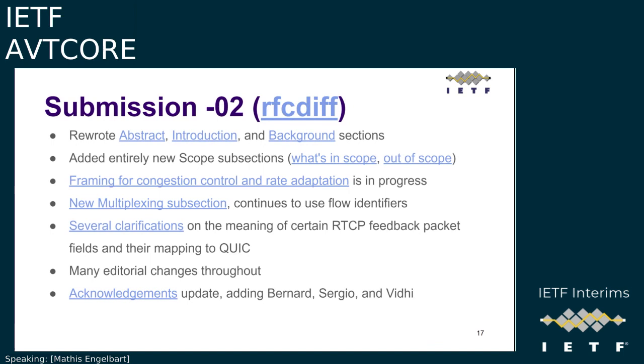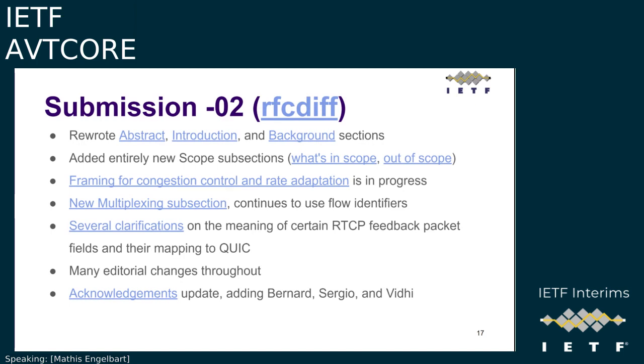Then in the last interim meeting in December, I think we discussed multiplexing a lot, and then also on the mailing list. We now added a new subsection on that topic in the draft, and that subsection continues to use the flow identifiers we had before and adds more explanation on how that works.